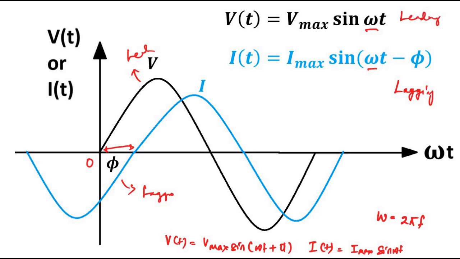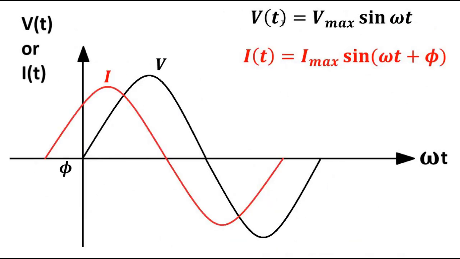In the same way, if we compare these two: here Vt is equal to Vmax sin omega t, and It is equal to Imax sin omega t plus phi. Both have the same angular frequency, or the same frequency, omega equal to 2 pi f. Here Vt is equal to Vmax sin omega t, it starts from 0, its 0 point occurs at omega t equals 0, or t equals 0. It has no initial phase angle, but It has some initial phase angle.